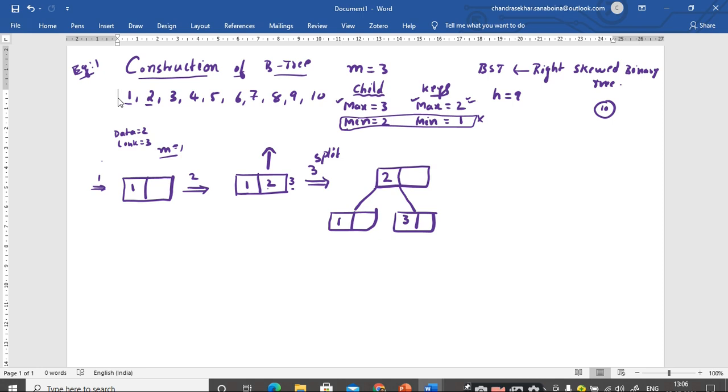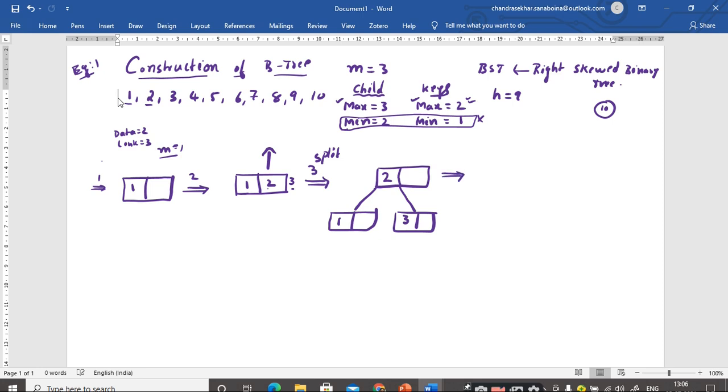So I create a parent node and copy the median value into it, and whatever elements are towards the left of 2 become the left child, and whatever elements are towards the right become the right child. Is it clear up to this point? Yes, sir.